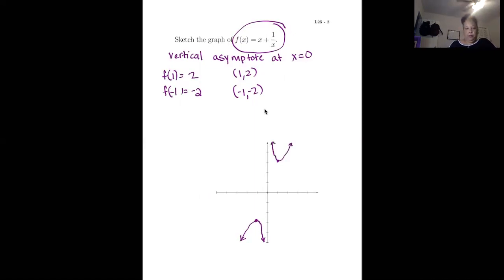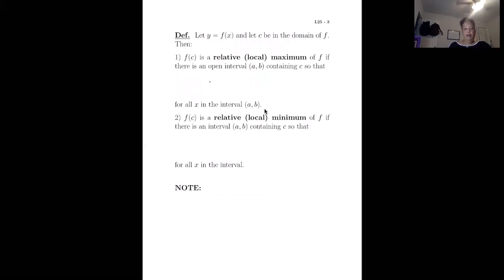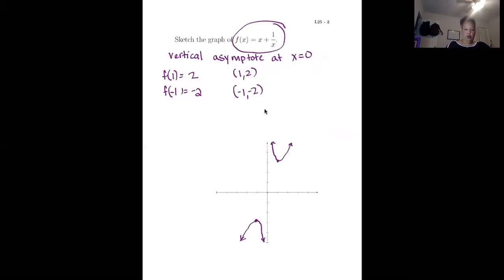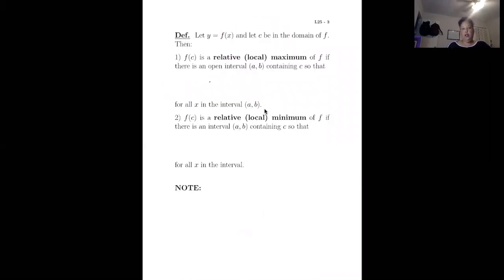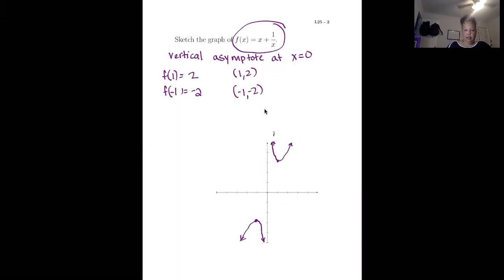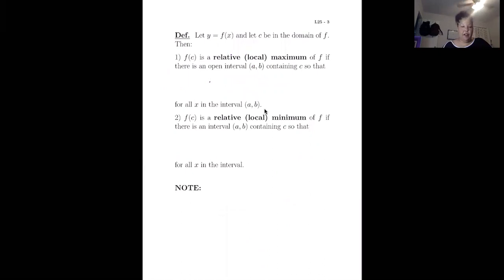All right, now those two critical points have special names, and we call them relative maximums and relative minimums. If I am in an open interval, say between here and here, if everything around a point is smaller, then we call that a local max.